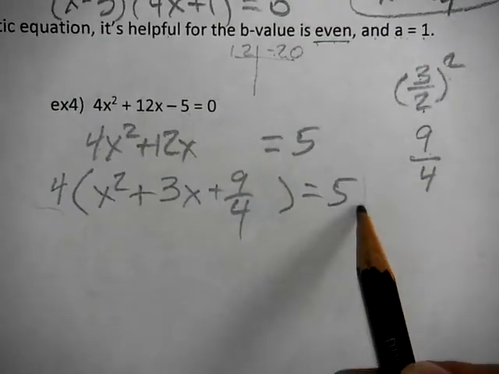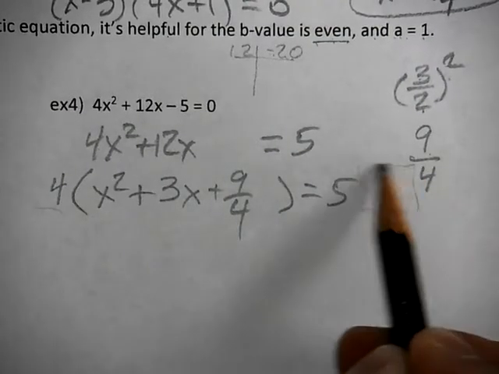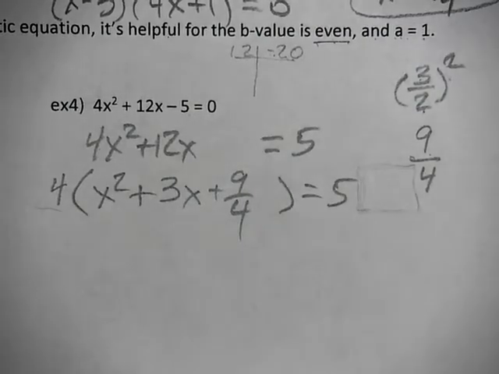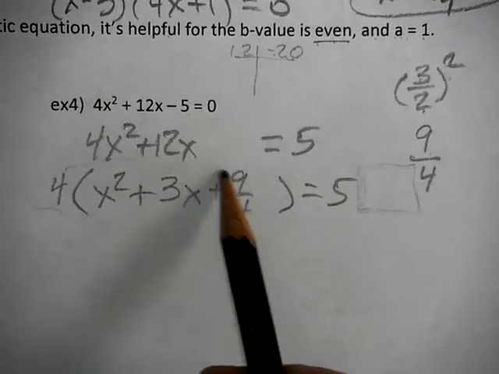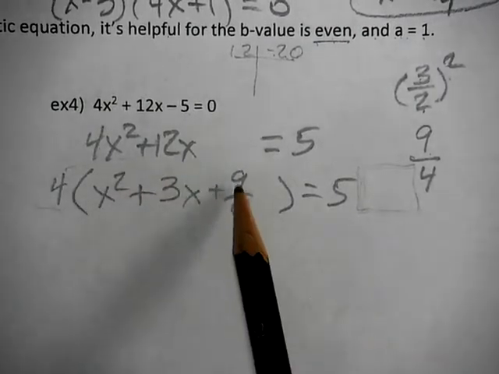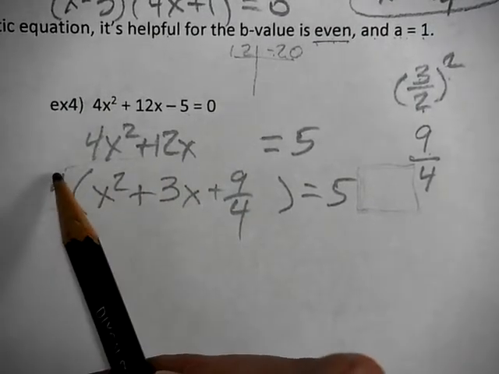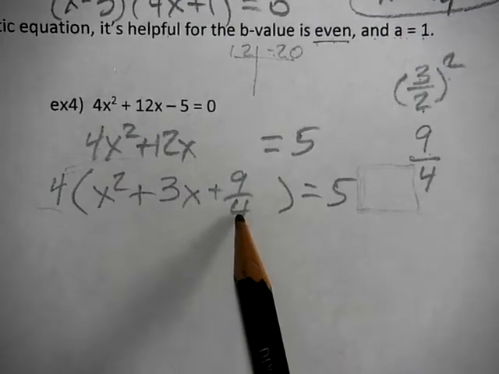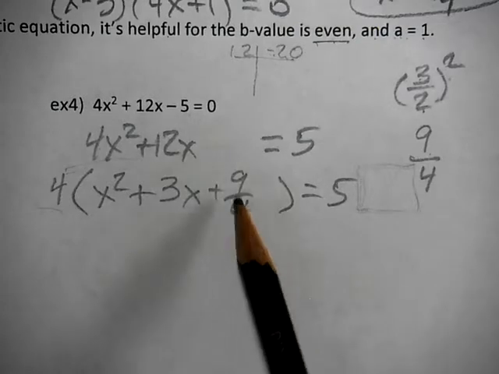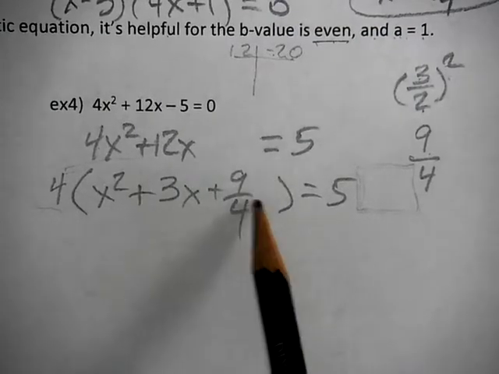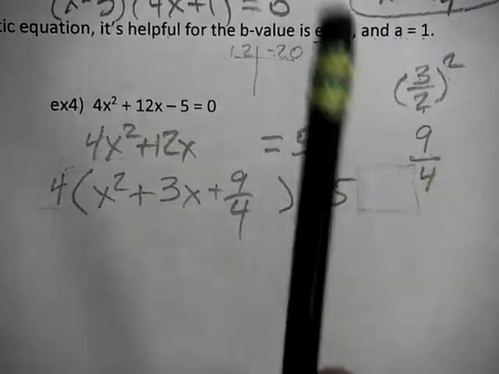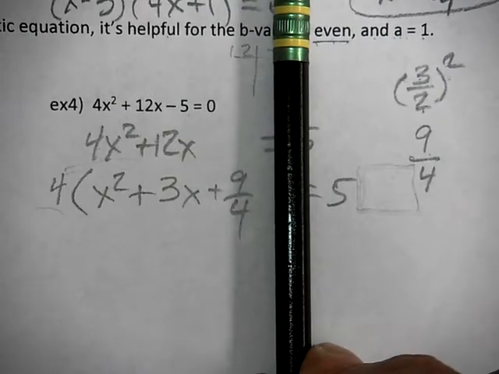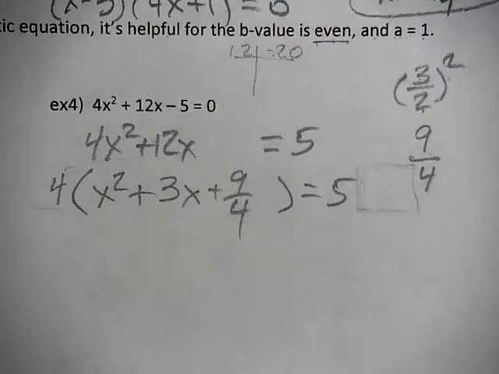What are we going to put on the opposite side? Add it. 9 over 4 times 5. Add it. 4. You've got to watch, by putting the 9/4 in here, it is actually 4 times 9/4. By putting the 9/4 inside these parentheses, the left-hand side of the equal sign has actually gone up by a much larger number than just 9/4.